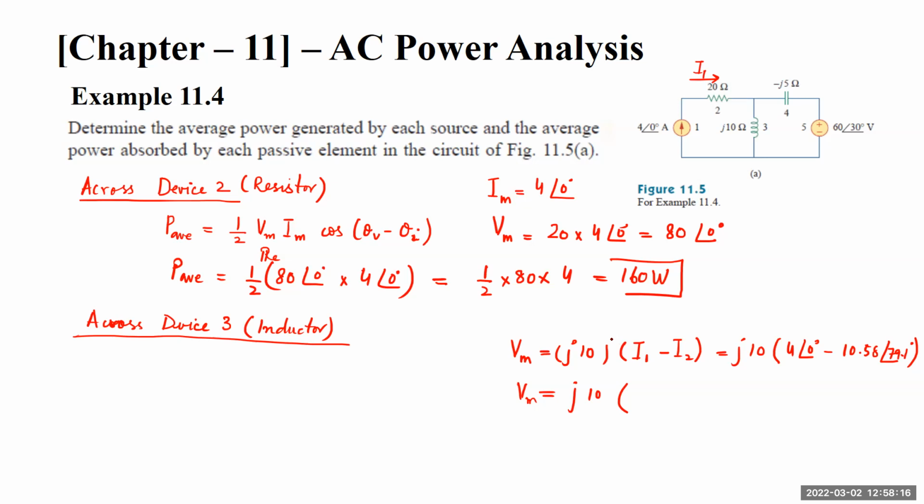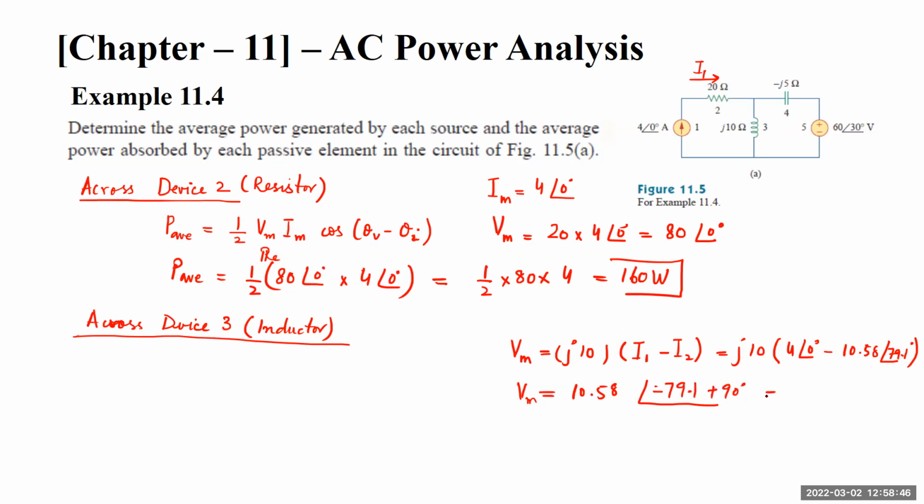So the overall voltage will be J10 times this value. Let me write down the exact value: this comes out to be 10.58, and the angle is minus 79.1 plus 90 degrees.